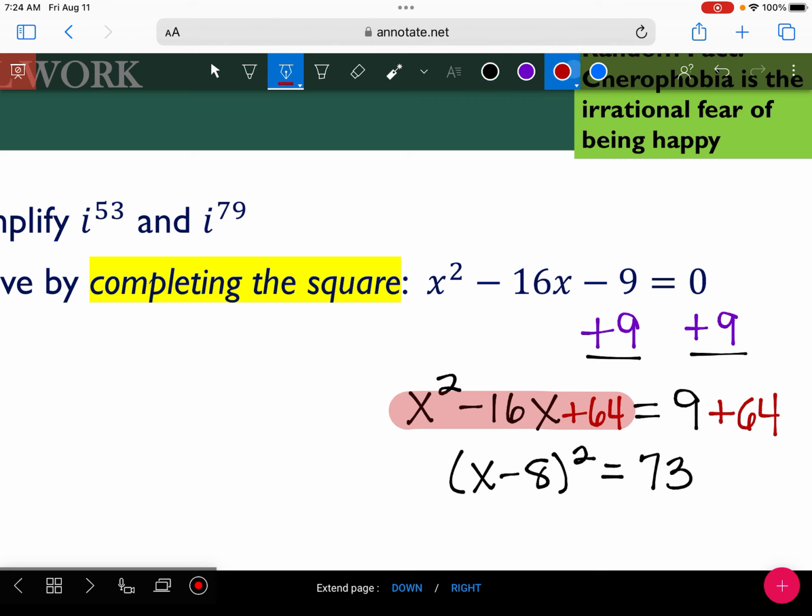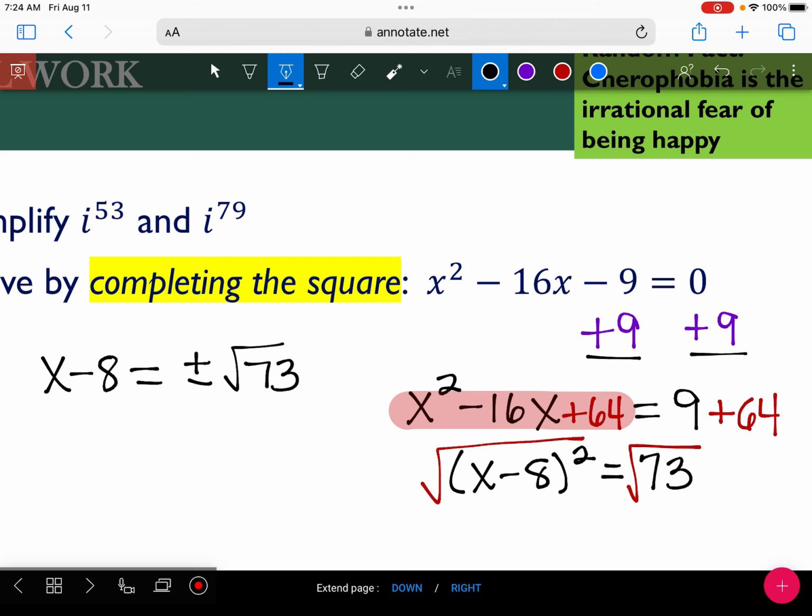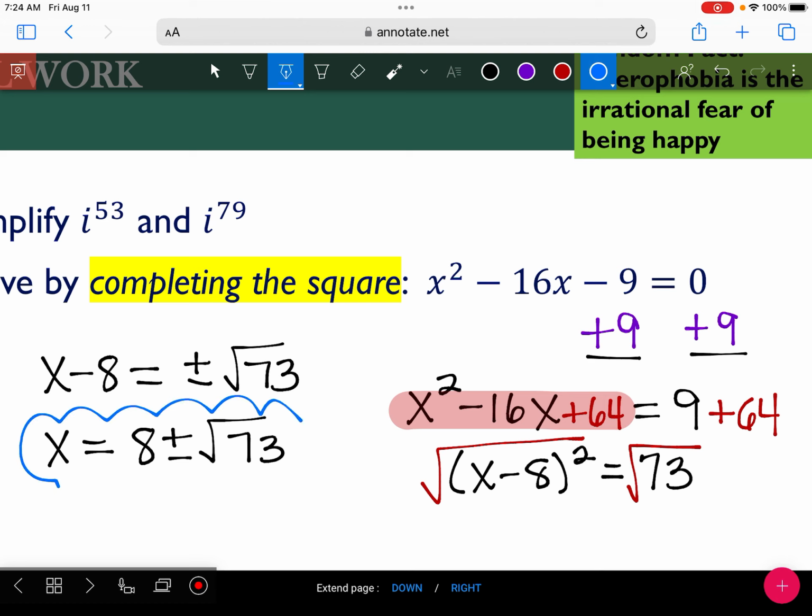Square root. Can any of these numbers divide into 73? No, so this is actually even easier. So your final answer, I'm going to write it off to the left. It's going to be x minus 8 equals plus and minus the square root of 73. And when you add the 8, it just goes right in front. And that would be your final answer.